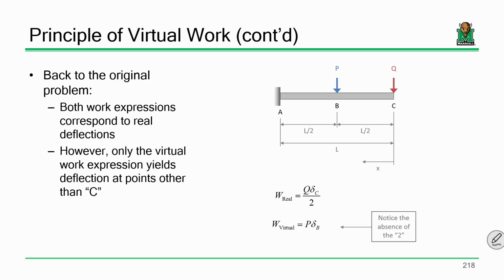One thing to notice, the 2's gone, right? Everybody see how the 2's gone? That makes sense, because we're integrating the rectangle. That's number 1. But number 2, I want you to look at the terms. This one is a function of delta C, where the load's being applied. This one, a function of delta B, where the load's being applied. This one's going to be more valuable to us because that's what I asked you in the beginning. I said, what's this deflection? I don't care about the deflection here. I want that one. Make sense?